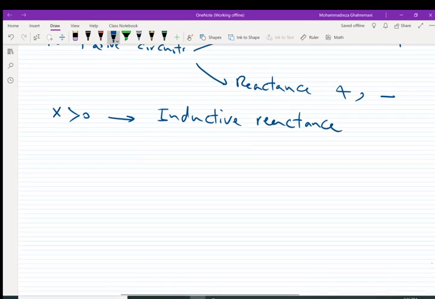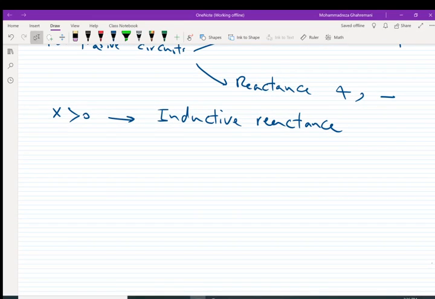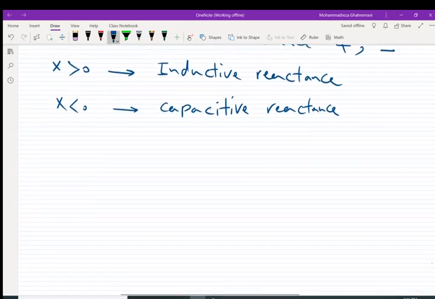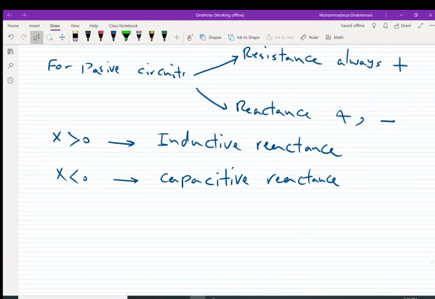If X is negative, we call it capacitive reactance. Why, when X is greater than 0, do we call it inductive reactance?